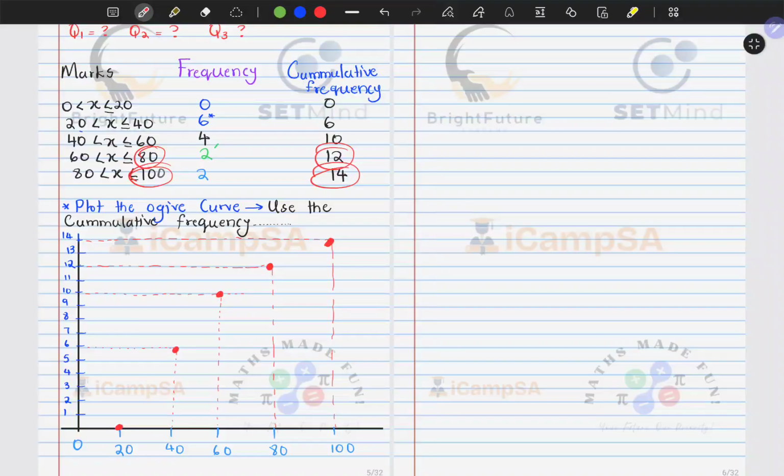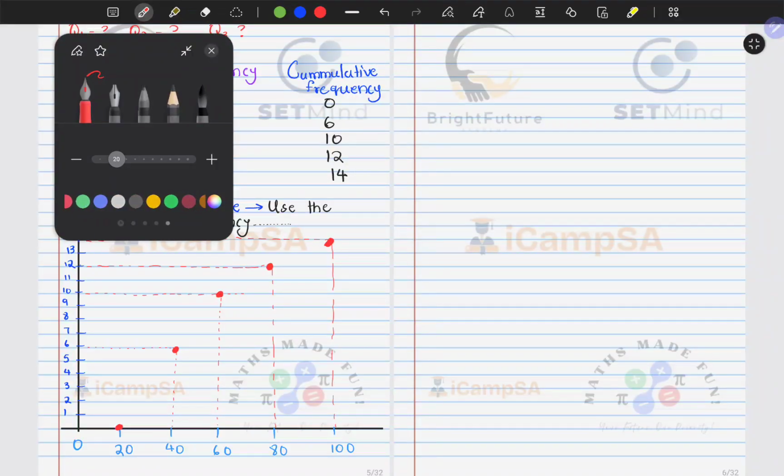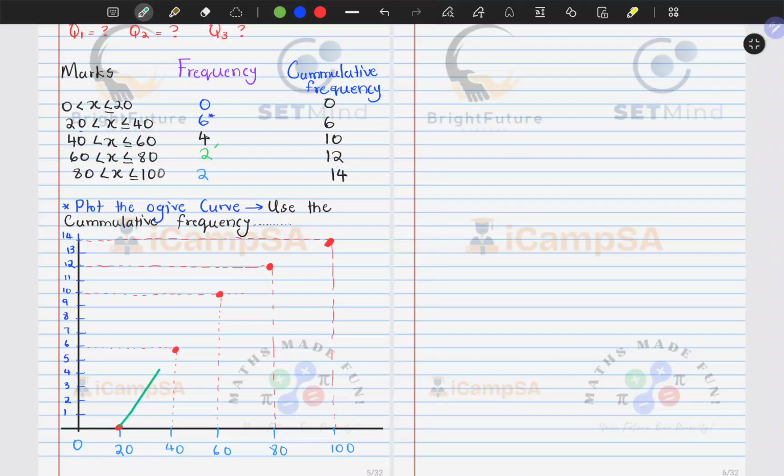Then what you do thereafter is to just connect the dots, and you would be done with your Ogive curve. So let's go ahead and do that. I'm just going to connect that using straight lines.